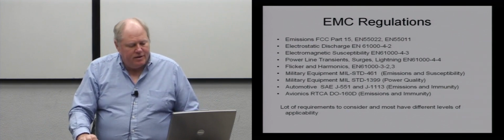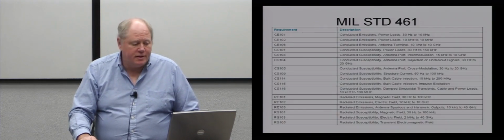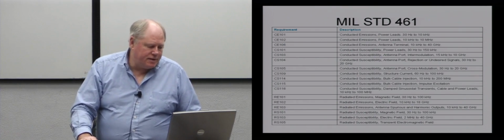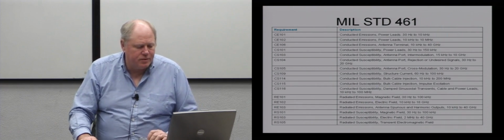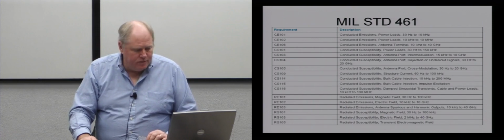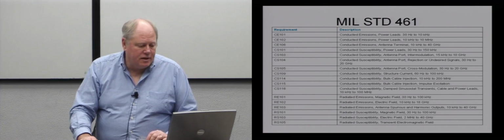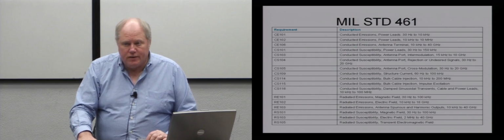And they're not just a single thing all onto their own. This Mil Standard 461, that has all these subcategories. And so these things that say CE, those are all conducted emissions tests. This is sort of showing what kind of frequency range they're applying over. But if you have to meet Mil Standard 461, you have to do a test or a series of tests, because again, if it's like a conducted emission in a power line and it's a three-phase system, you have to test it in all three wires and in the ground wire.